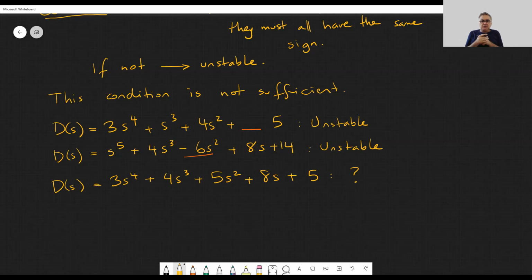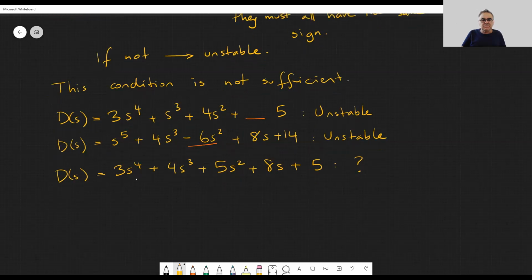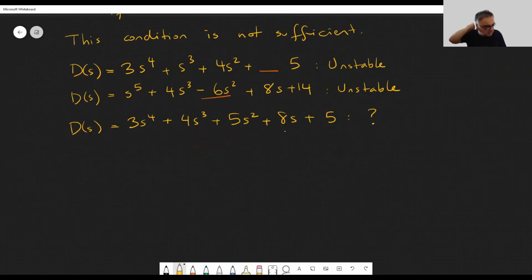Is this stable or not? We have satisfied all the conditions; all these terms are positive, but we cannot say that this system containing such a denominator would be stable. We cannot conclude if this system is stable.